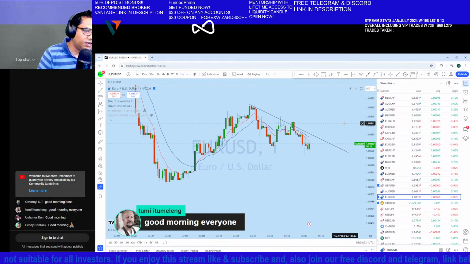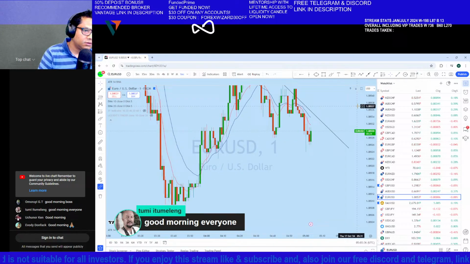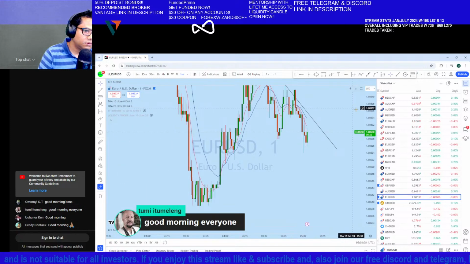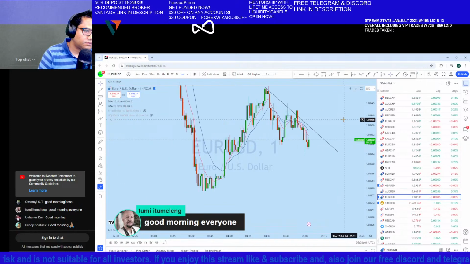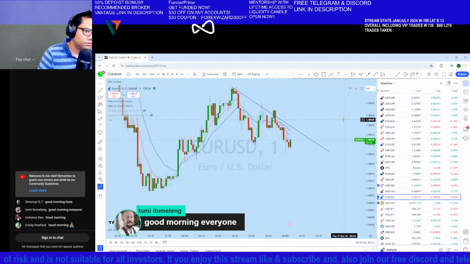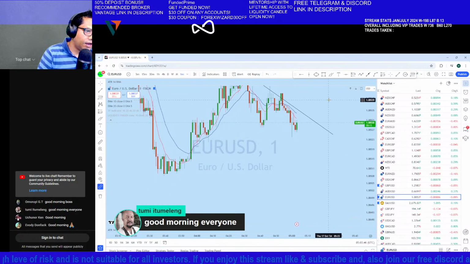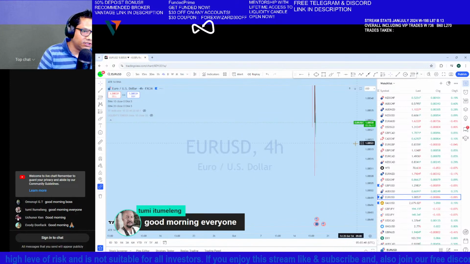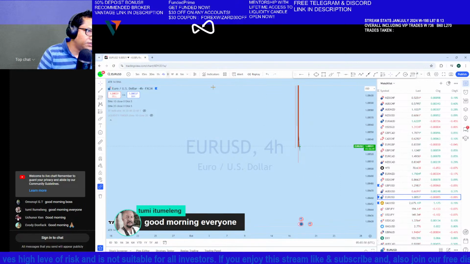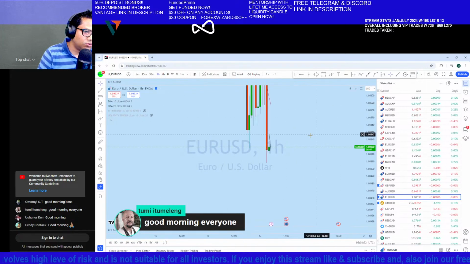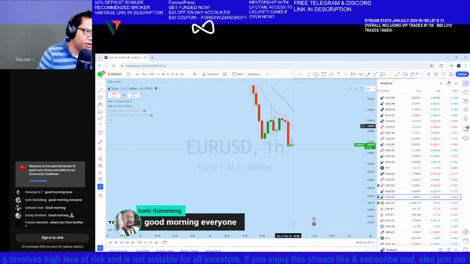This is a resistance line here on euro dollar, and with that resistance, I think we might see the price ultimately dropping down to the support or breaking below.